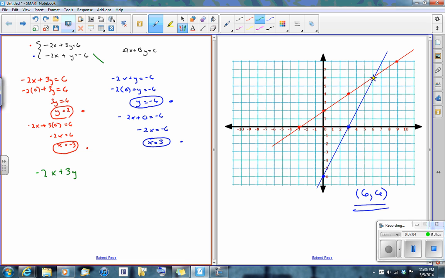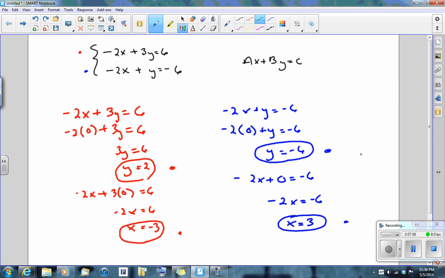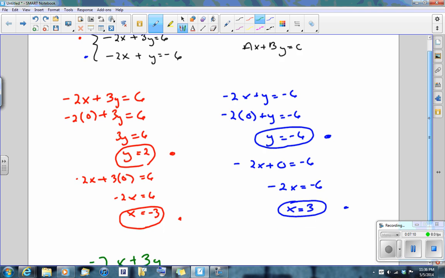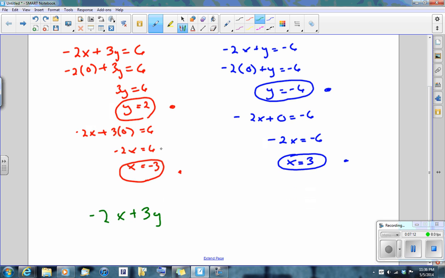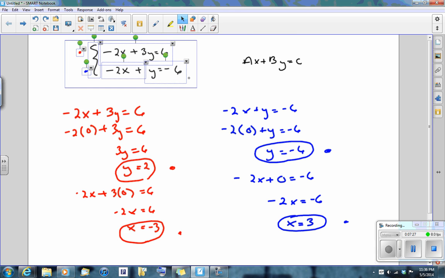Here, let me, oh, okay, hold on, let me make this a single page so I can see this myself a little better. Negative 2x plus 3y, don't mind me, you get to watch me while I'm erasing. I'm going to go back and copy this original equation and move it down a second so I can actually see what I'm doing here.